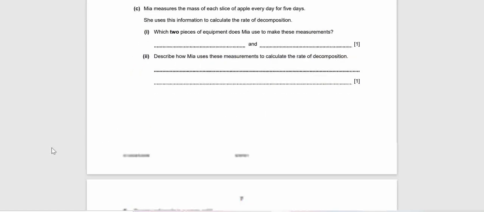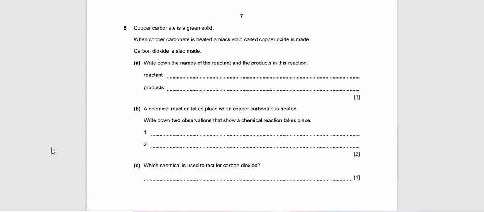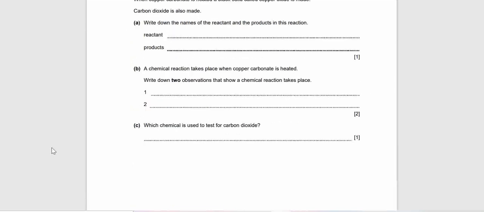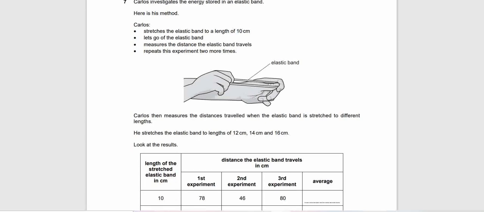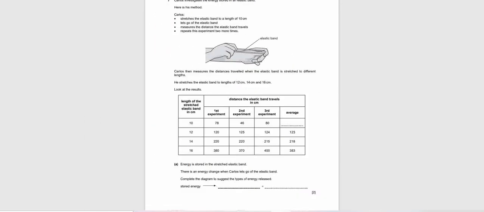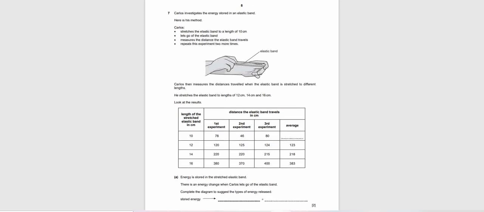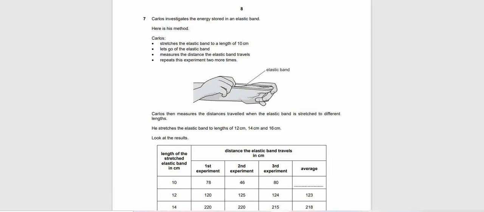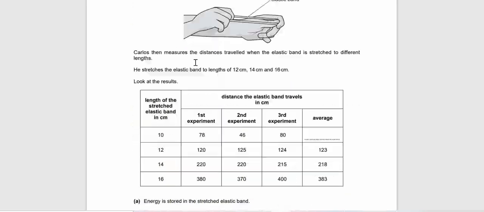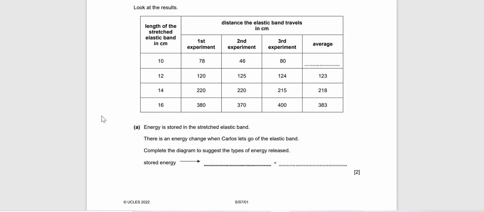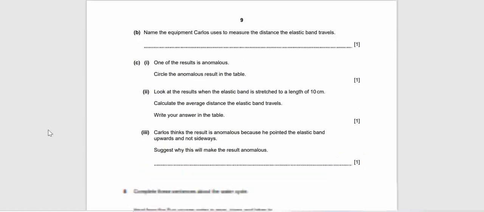Next we are in question 6a, b, c. And then question 7, the whole page for question 7. Just zoom in. It's question 7. This is the table and the question. Next, this is 7b, c.